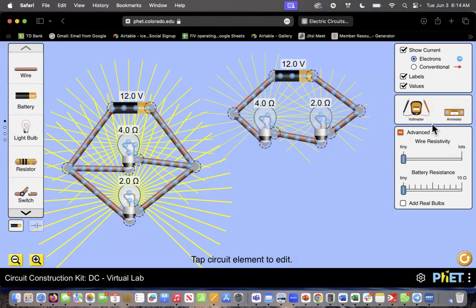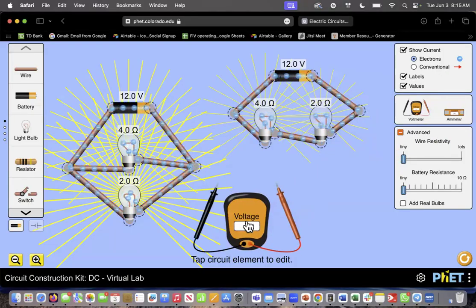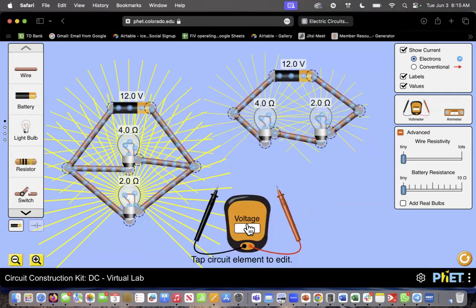This one I'd have to break the circuit and stick it in there for you to see what it looks like. And then we have voltage. So let's go ahead and just check this out. You know what I'll do? I'll just grab this ammeter and we'll put it in a more generic sense. So, all right, let's take a look.